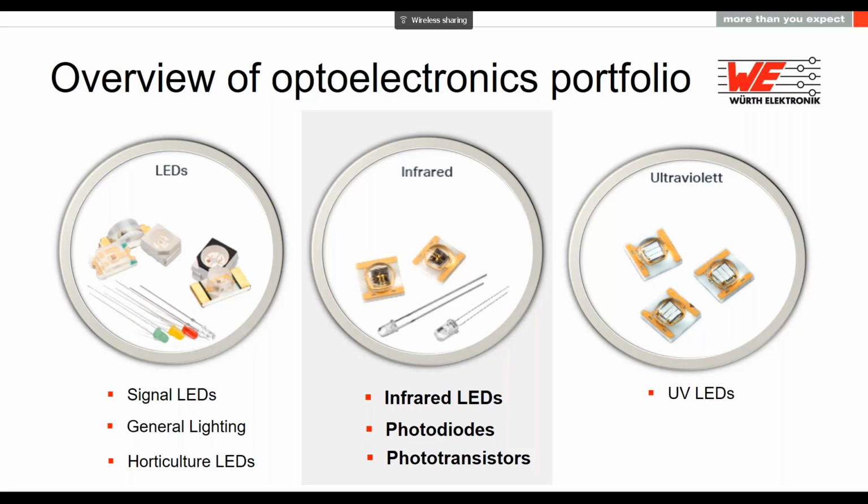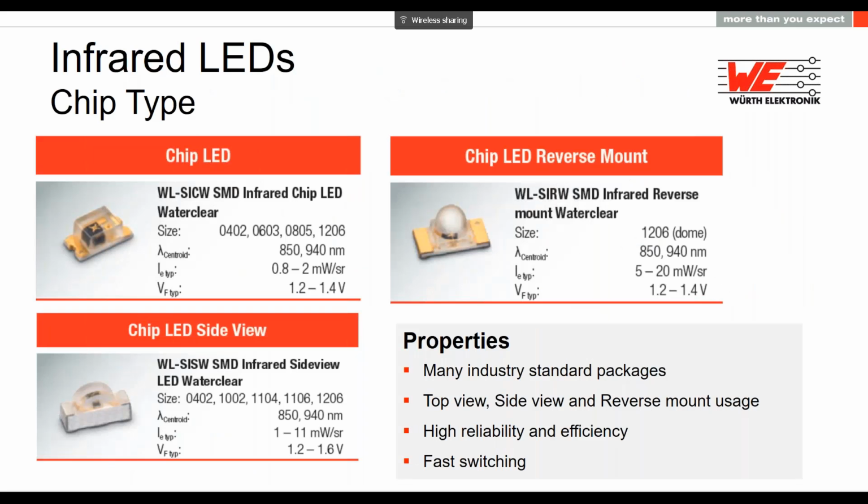And as the topic is more about infrared LEDs, I would like to present some of the most common types of our LEDs, namely the chip type LEDs or the small chip LEDs used for some near range applications and some detection for different machines or inside some machines.